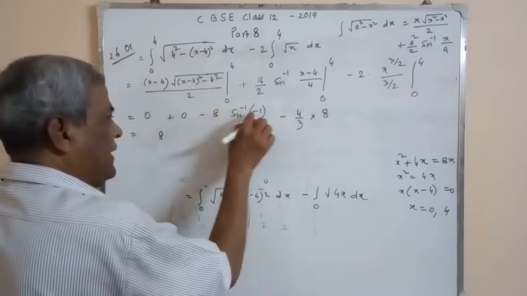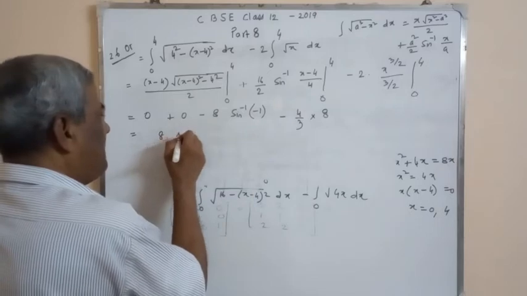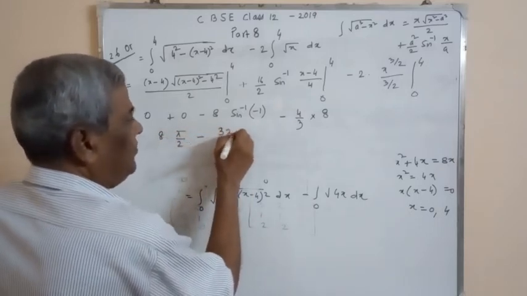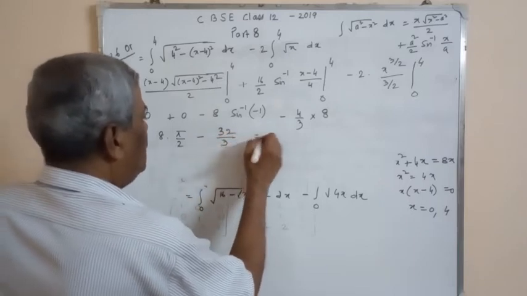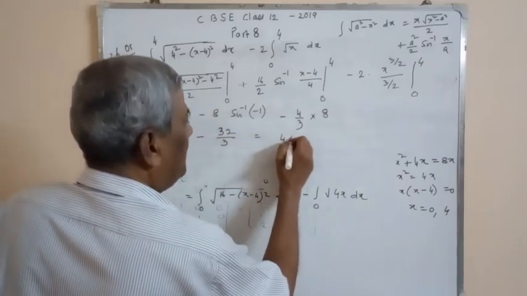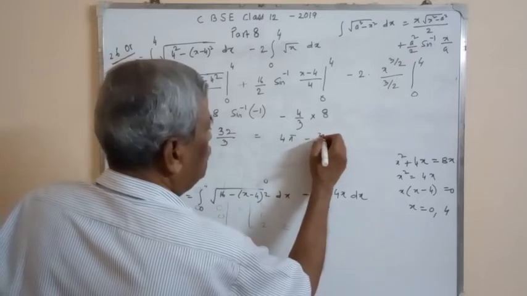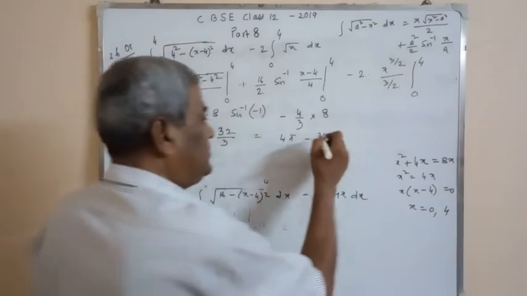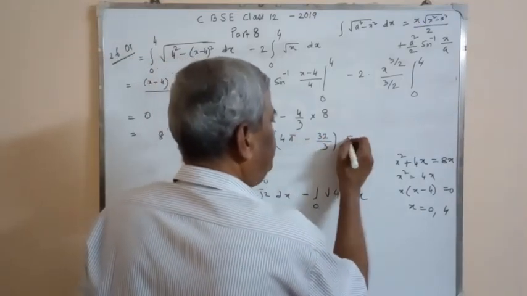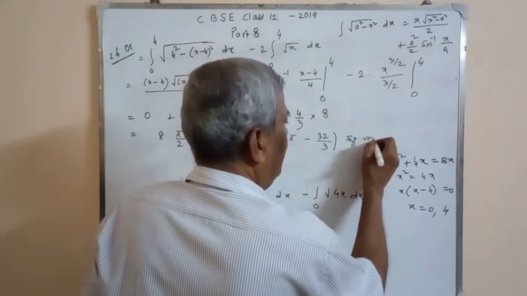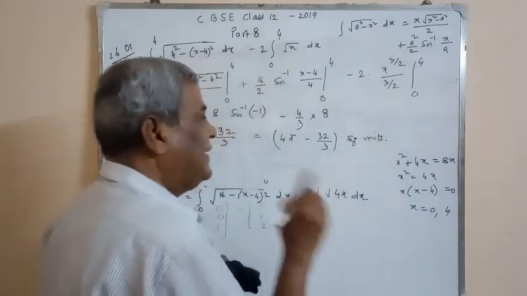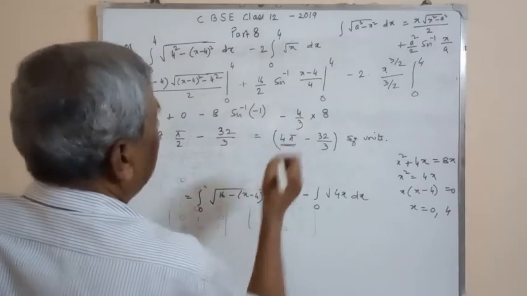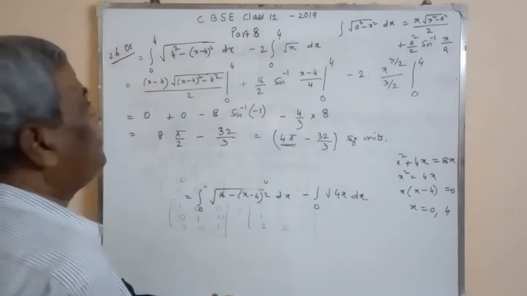So this negative and that negative, it is 4 pi minus 32 by 3 square units. That is the answer.